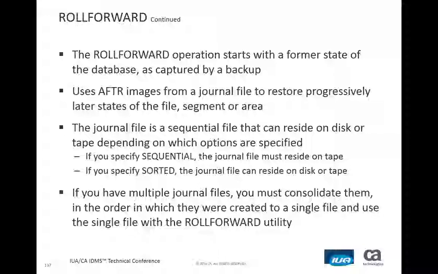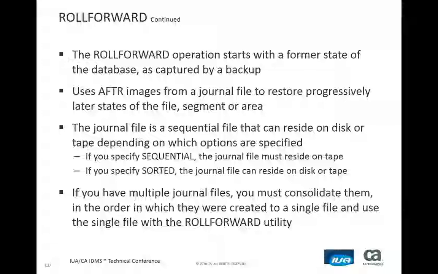And at some point in time, we're going to come through, we're going to find a begin checkpoint for a run unit. We're going to start applying the after images, and then possibly we may come across an abort checkpoint for that particular run unit. So it's very possible that during the execution of a particular program, that program blew up.